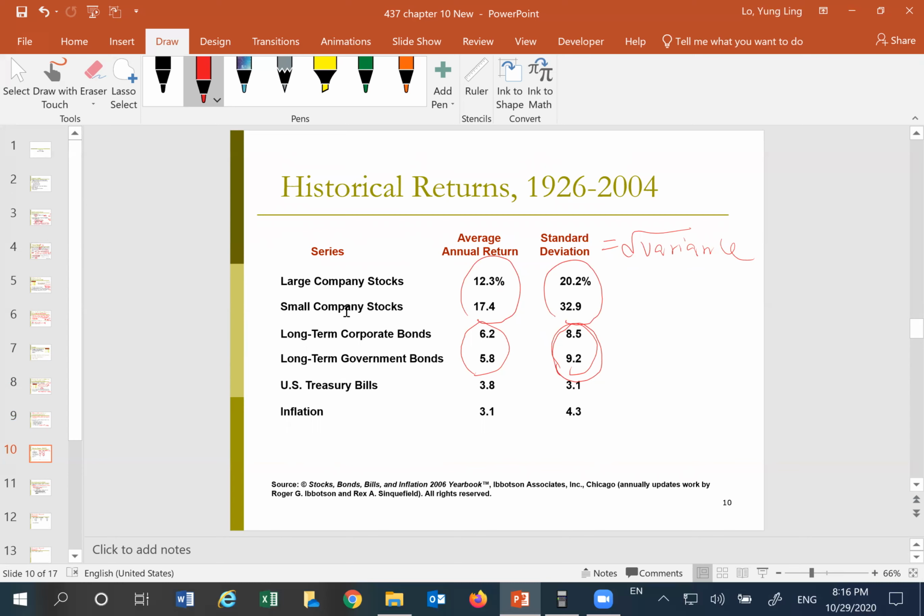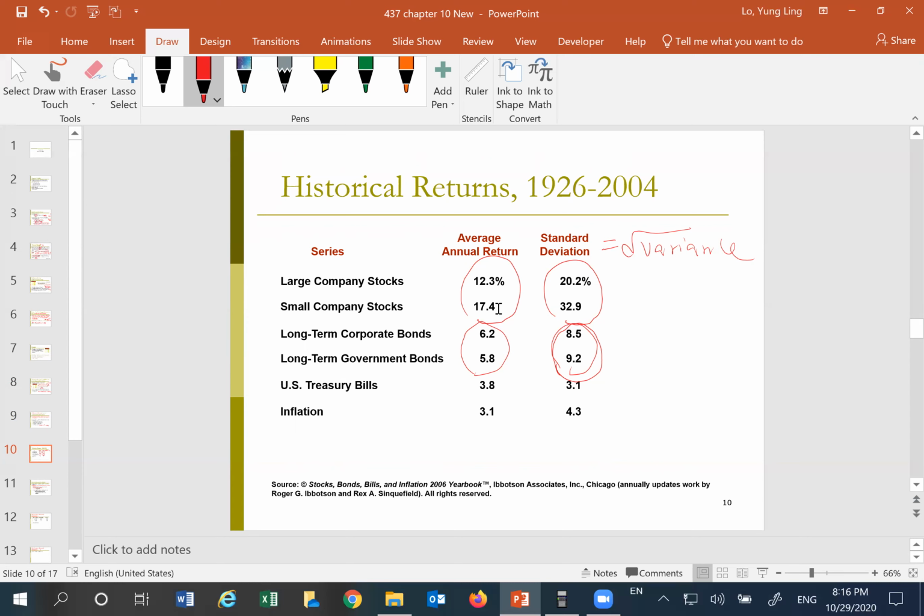Okay, and now between small stocks and large stocks, earlier we mentioned that small stocks have less stable cash flows, less stable earnings, and also higher growth. For that reason, they have higher return and also higher risk. So when you compare the standard deviation of small stocks versus large stocks, we can see that small stocks are riskier than large stocks.